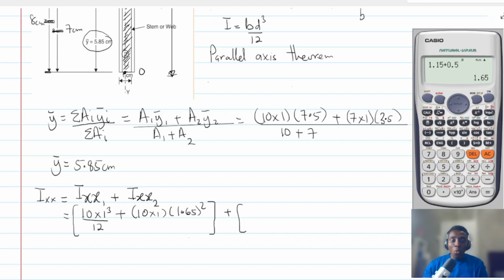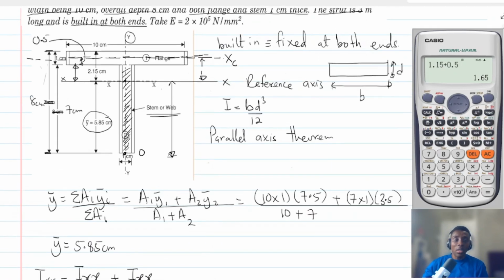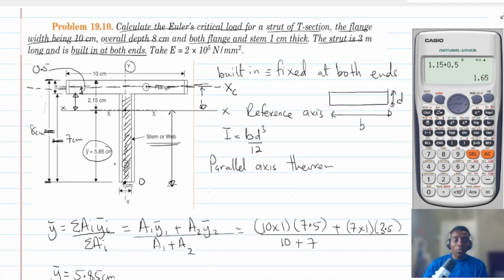So we are now coming to the stem or the web. The stem is also going to be the same thing. We will start from this end here and then do the same thing.